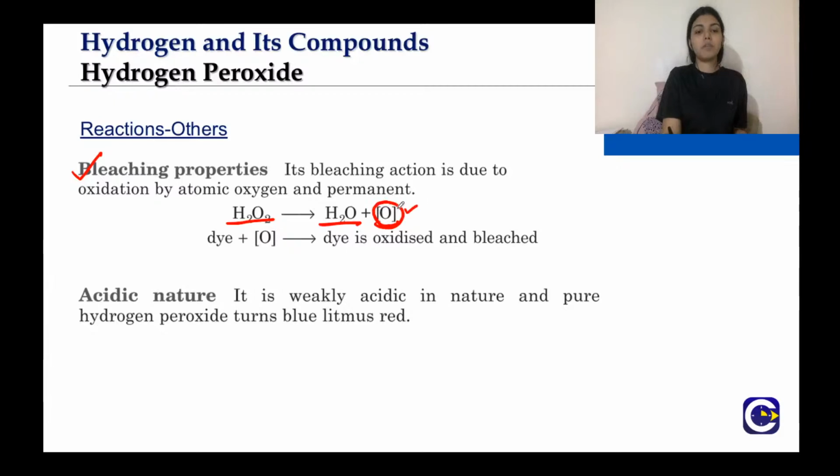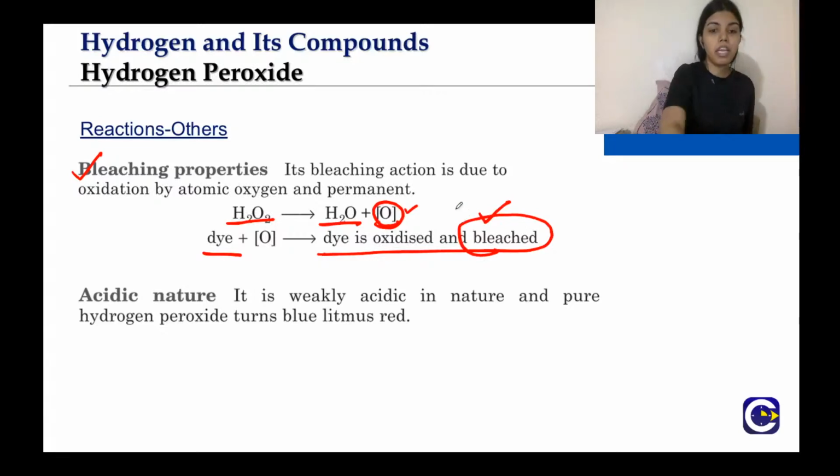This is known as atomic oxygen or nascent oxygen, which reacts with dye, and this dye gets oxidized and bleached. So this is the bleaching property of peroxide, that it is used to lighten the color, right? So dye plus the nascent oxygen released by H2O2 reacts with dye and bleaches the dye.